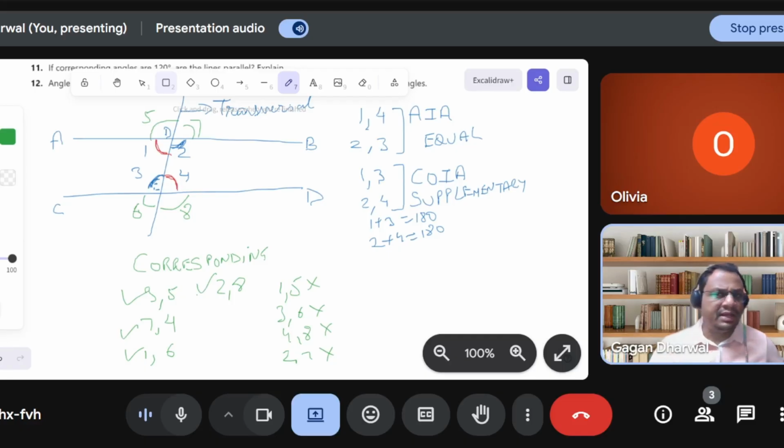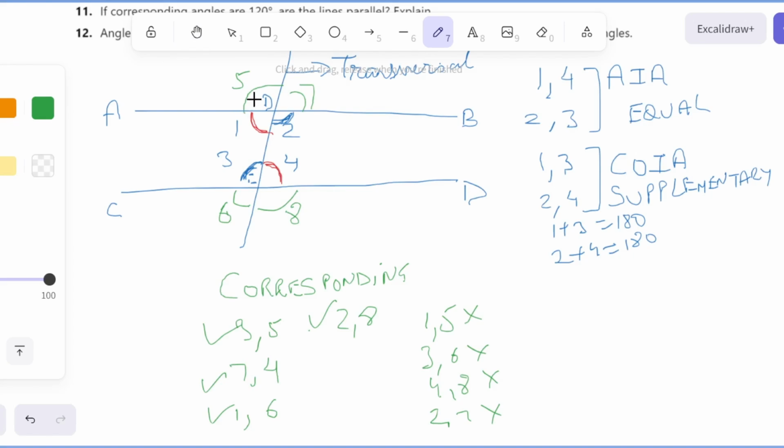Now the last set is alternate exterior angles. So in this case, it is 5 and 8. You can write alternate exterior angles: 5 and 8 and 6 and 7. These are alternate exterior angles. They are always equal.